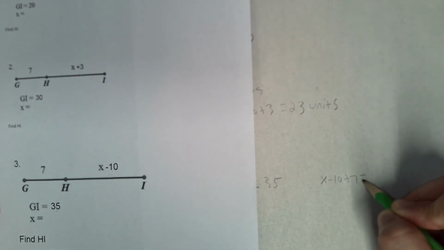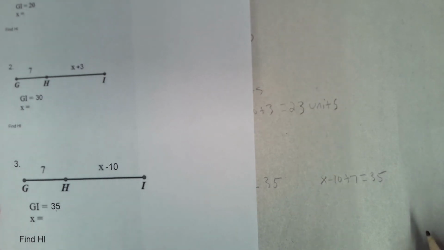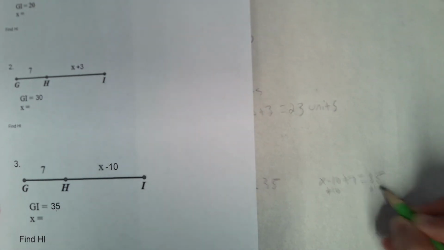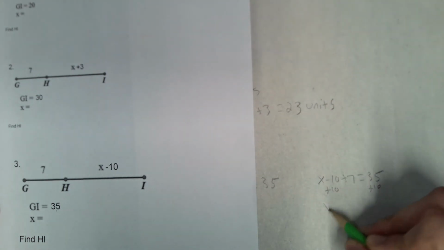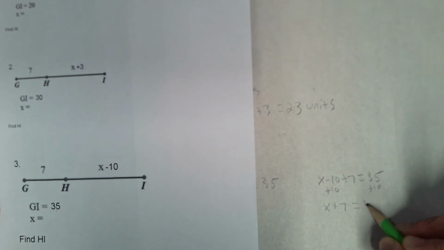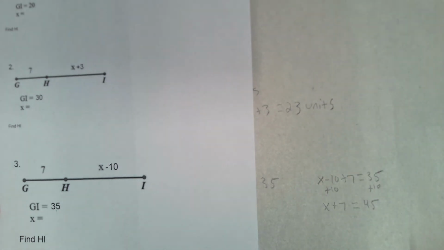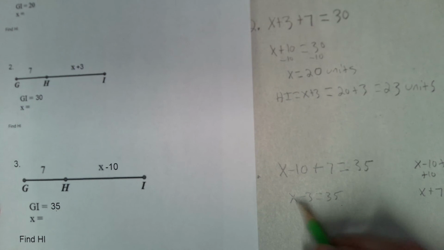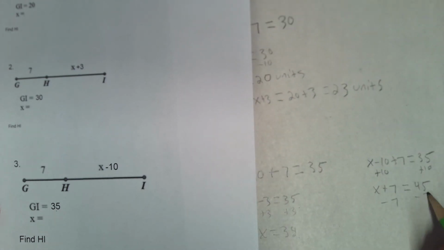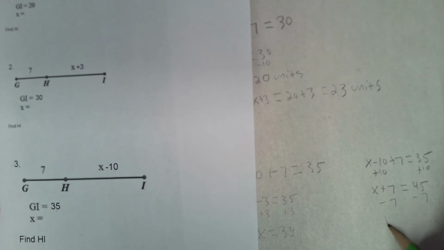What you can do is add 10 to both sides, and we'll get x plus 7 comes down, equals 45. Now here, we're going to add 3 and add 3. So we'll get x equals 38. And here we're going to minus 7 and minus 7. And oh, look, x is still 38.